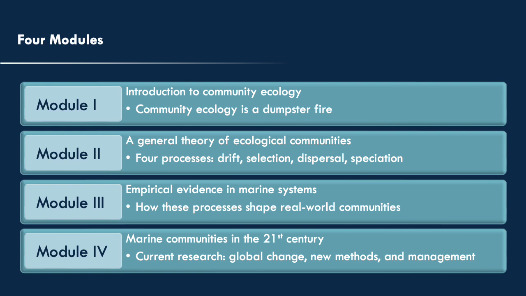We're going to then look at the empirical evidence for the processes that are part of that new framework in marine systems. And then finally, we'll finish up with some of the most current research challenges for marine communities in the 21st century.